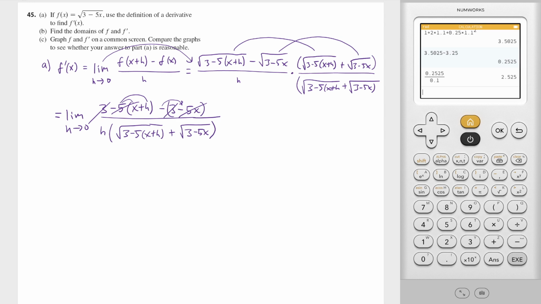So this is the limit as h goes to 0. Let me make sure I'm doing this right in terms of negatives. Yes, that all cancels out, and it's going to be negative 5h. So in the numerator, I have negative 5h.